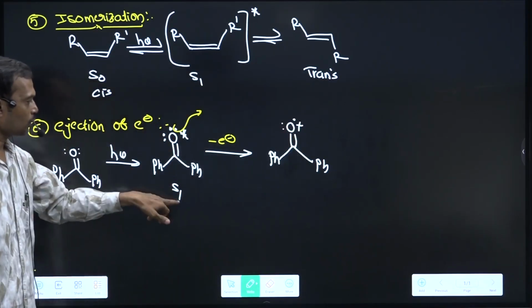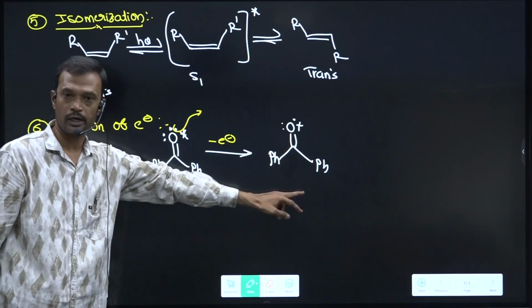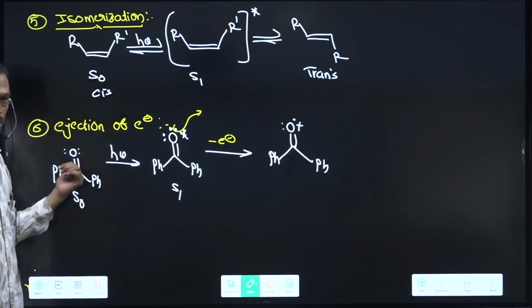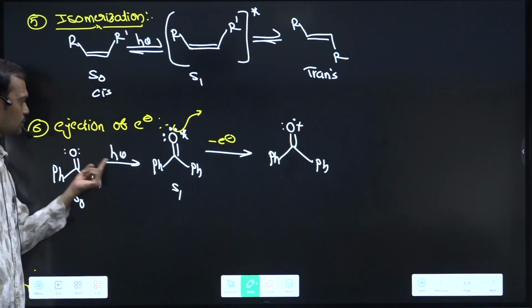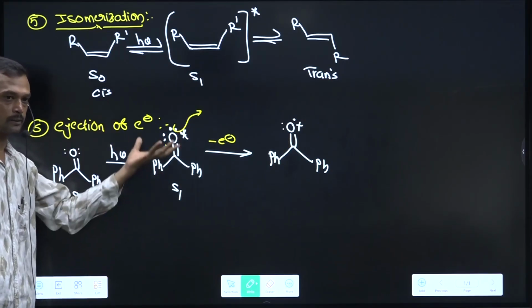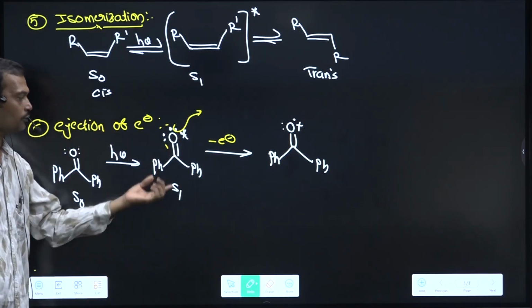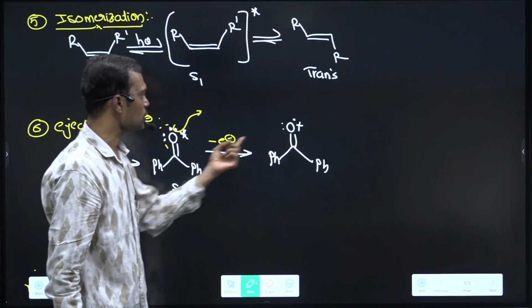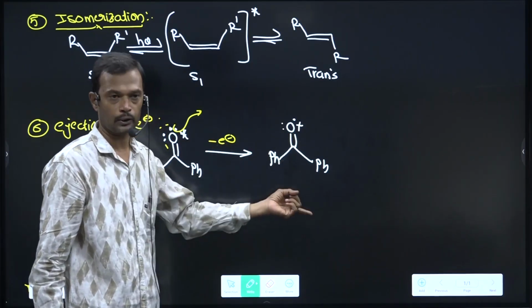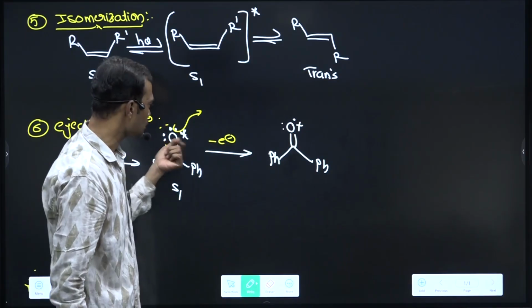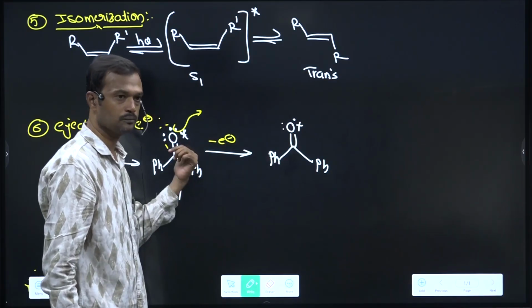So if the excited molecule loses an electron, it is also one kind of deactivation. Molecule having two lone pairs, photochemically excited. After excitation, if this molecule loses one electron, it is found to be a radical cation. So this is unstable, and this is a little bit stable compared to this one.